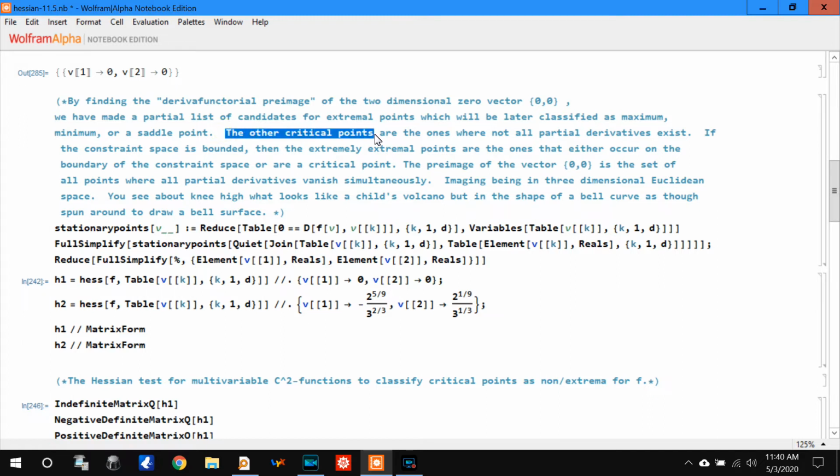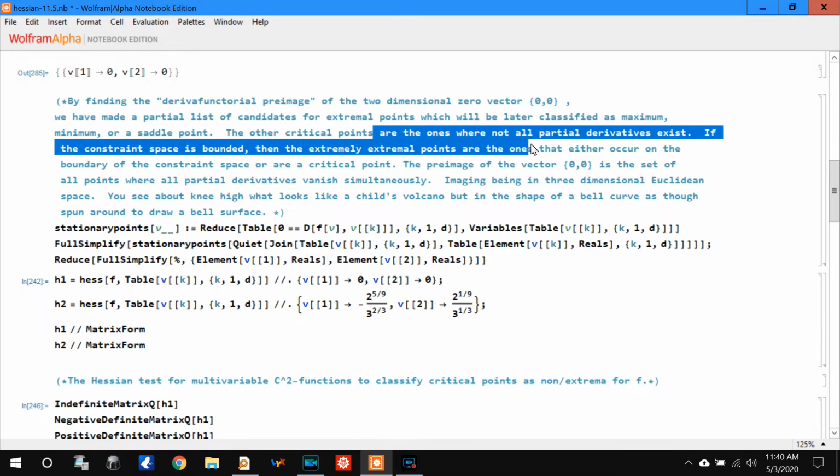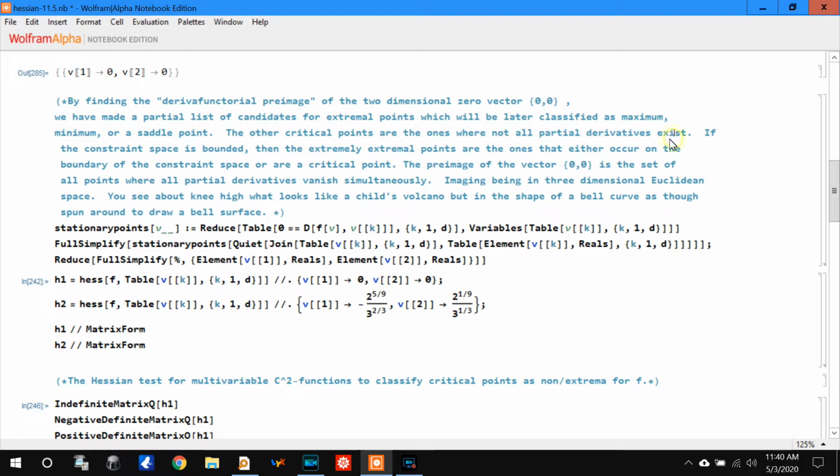The other critical points, so there are critical points other than when the derivatives are all zero, are the ones where not all partials exist. That could prove to be an interesting feature. And if the constraint space is bounded, that means one thing, and if the constraint space is unbounded, then that's a way to have, in some sense, unconstrained notions.